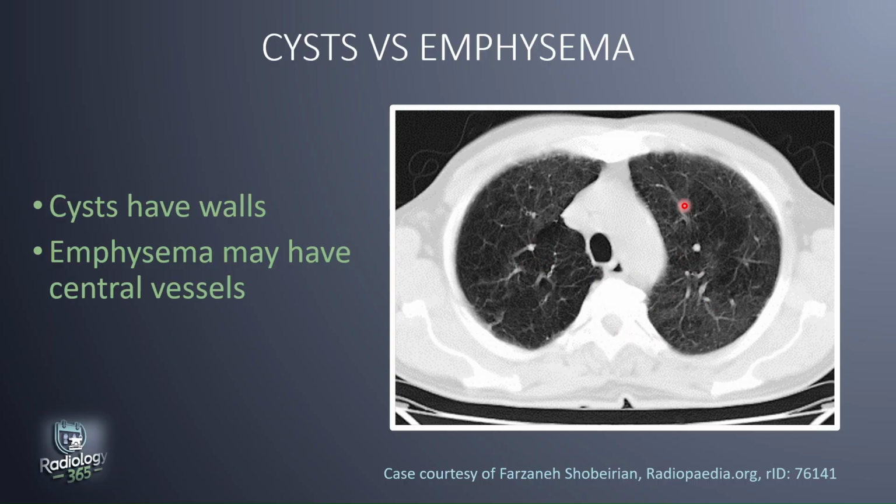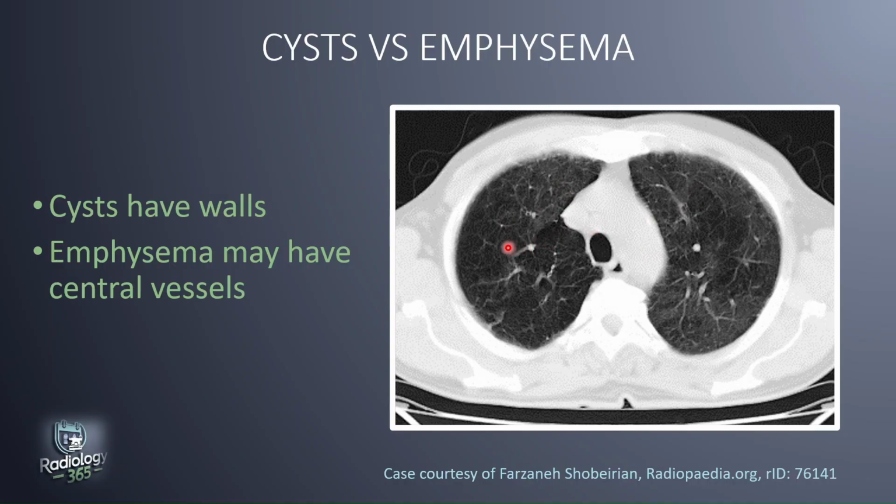So in this axial CT, we can see multiple focal lucencies all through the lung. We can see some areas of normal lung parenchyma as well, which appear of higher attenuation than the emphysematous areas.